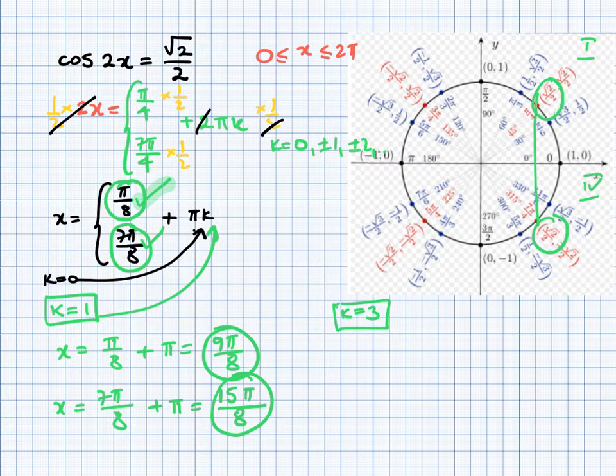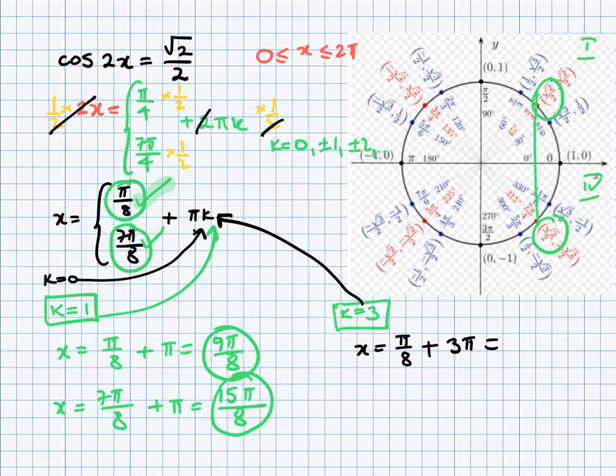So we're doing the same thing. So x is equal to, from here, pi over 8 plus k equal to 3 substituted there, so it's going to be 3 pi.